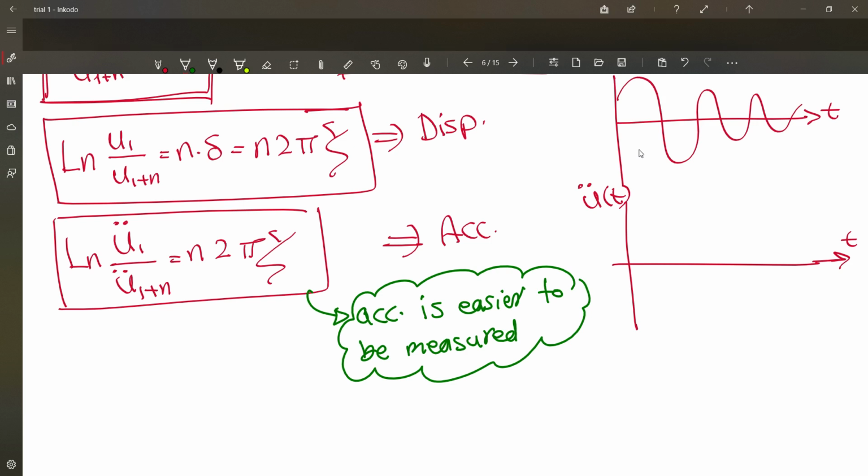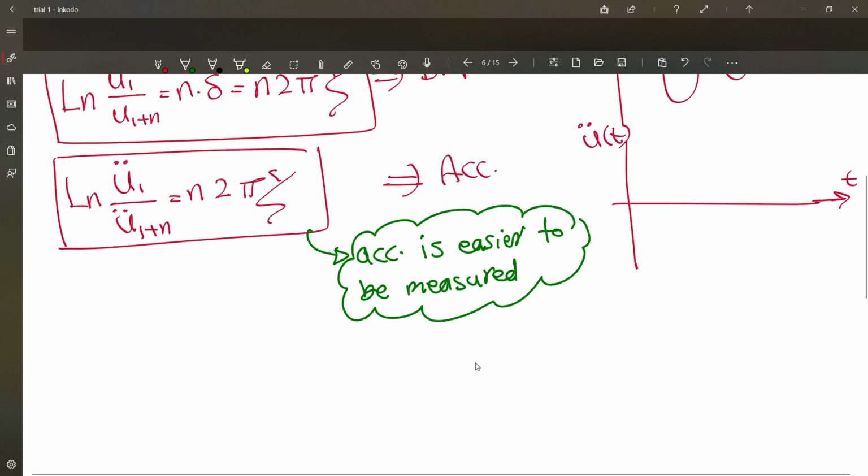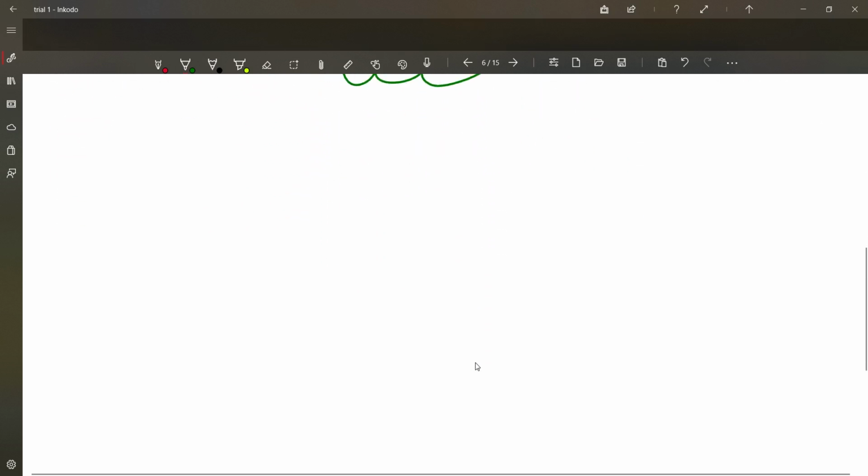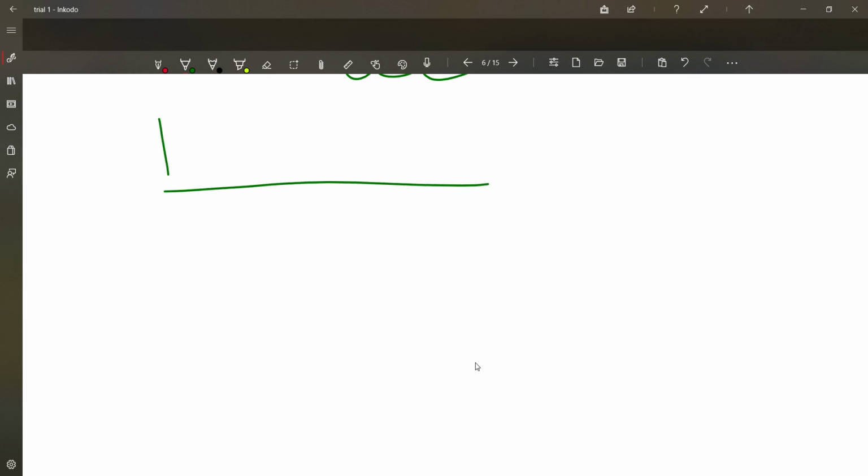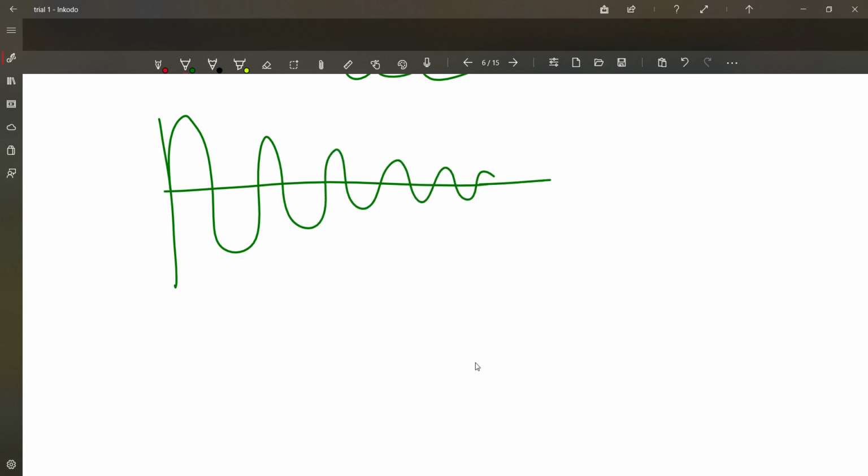Sometimes we are interested in what we call the number of cycles required to reduce the amplitude to 50%. What does it mean? If we have a line and we have a lot of cycles like this, it goes like this. This is t and this is u of t. Sometimes we know this amplitude, how much it is.